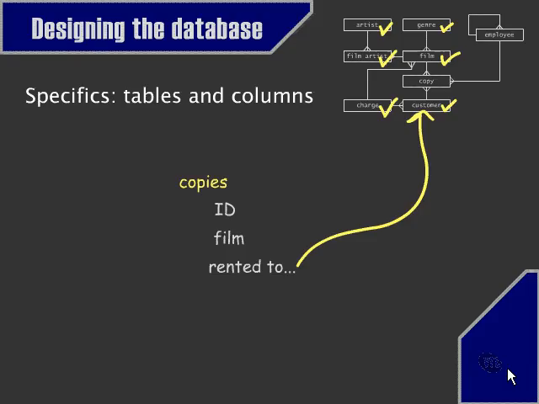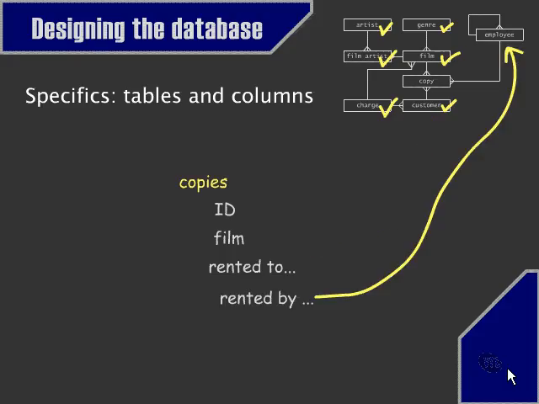If it hasn't been rented out at the moment, in other words it's on the shelf, then this field will be null. We'd also include a rented by column so that we can keep track of which employee is renting to which customer and which film they're renting. We also need a date due back. Once again, all these three fields, the three last fields, will be null if the copy is sitting on the shelf.